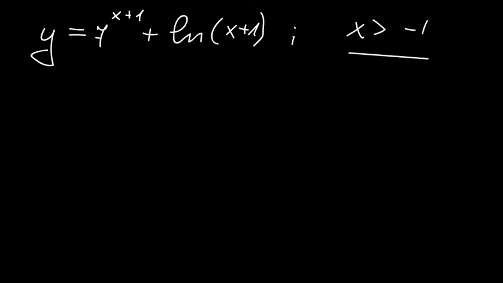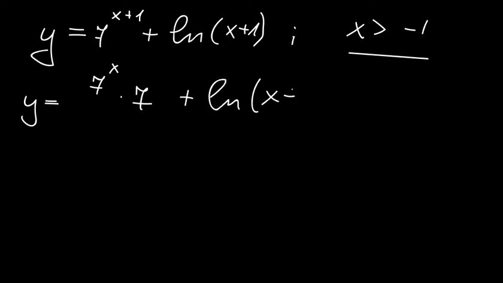So we could apply a chain rule here also, but it would be easier to simply say that this is 7 to the power of x multiplied by 7, because it's a plus here, and plus natural log of x plus 1.